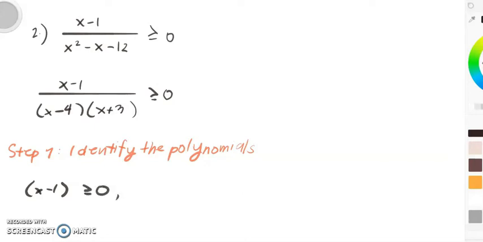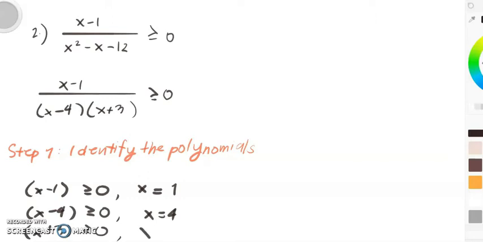For this to be true, x equals 1. Then x - 4, which is also a polynomial, gives x equal to 4, and x + 3 greater than or equal to 0 gives x equal to negative 3.